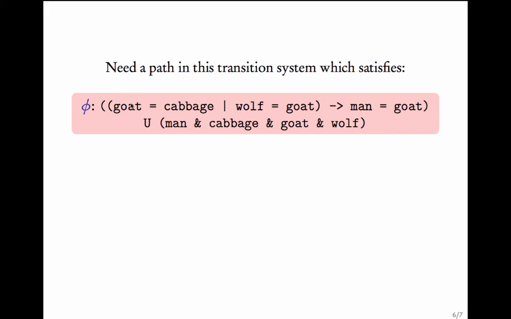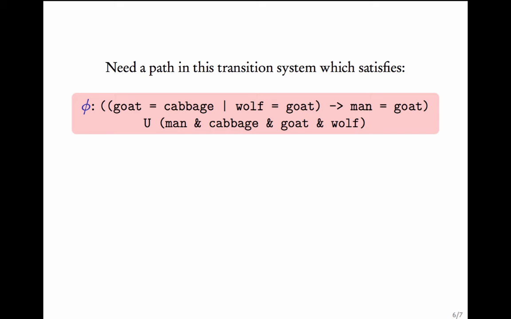They say that if goat equal to cabbage or if wolf equal to goat, then man should be on the same side as the goat. This property should be true until man, cabbage, goat and wolf come to the right bank. This ampersand is the symbol for AND in NuSMV.